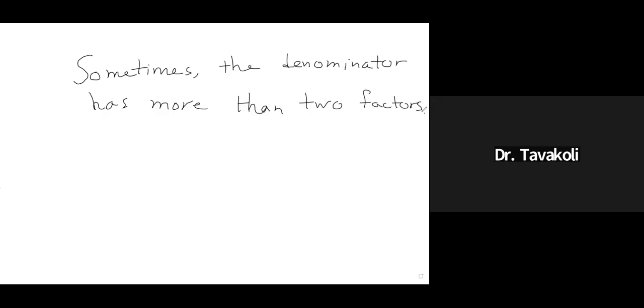To make the examples manageable, we do examples that the denominator is factored into three factors. The idea is very similar, but instead of making the rational function into two fractions, we make the rational function into three fractions.